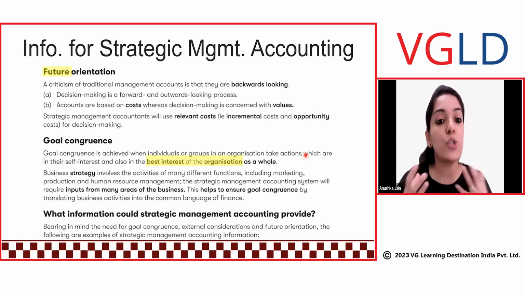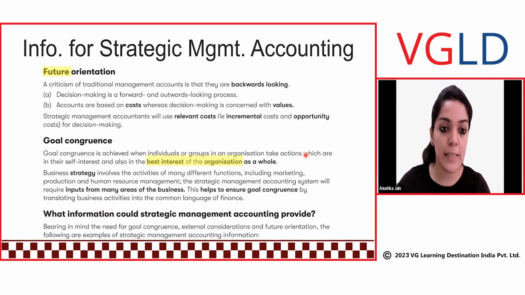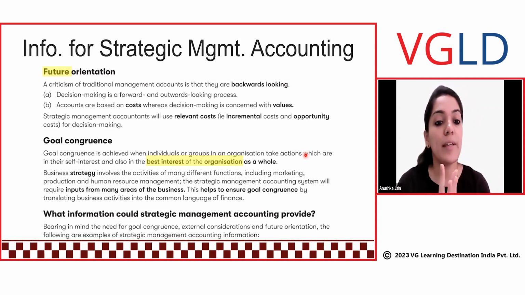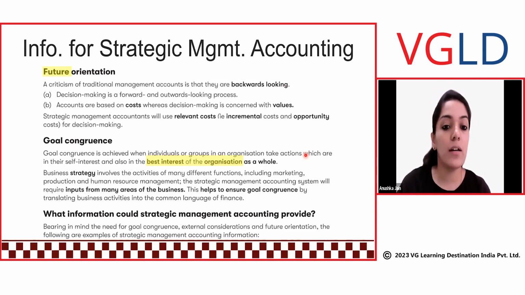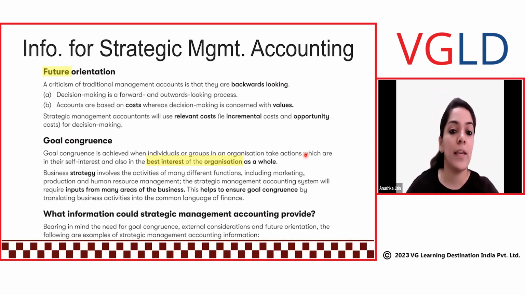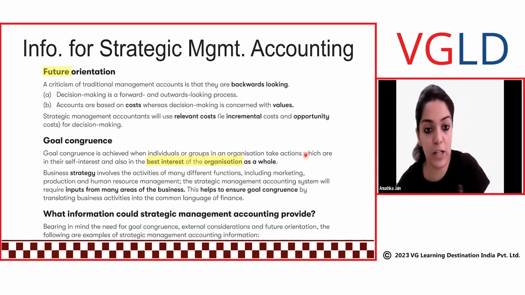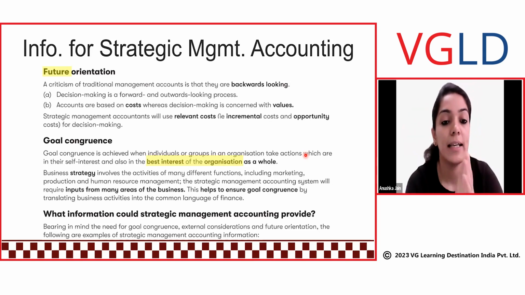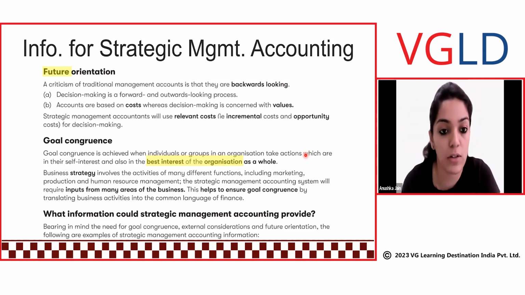And this will help them to develop the organization-wide goals. Now, what are the individual objectives of each of the departments? And then what should be the organizational goals? This helps to ensure goal congruence by translating business activities into the common language of finance. In short, it is the role of the strategic management, the top level management, that the organizational goals are kept in tandem with the individual goals.